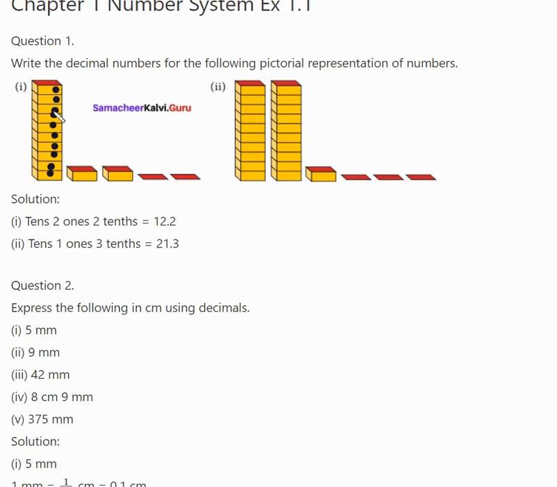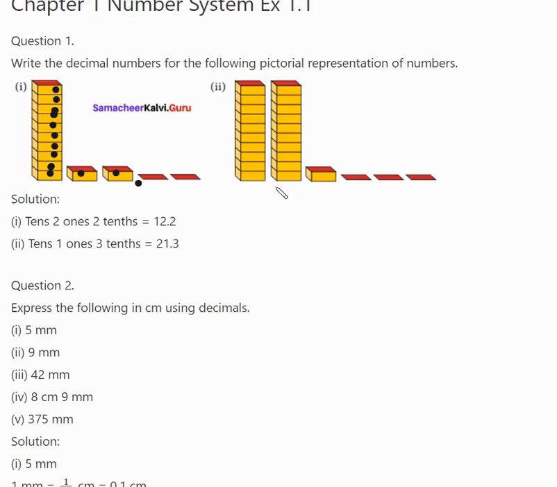So 10 plus 2, that is 12. The whole number part is 12. Then point. How many decimal parts are here? 2. So that is 12.2. Yes children?